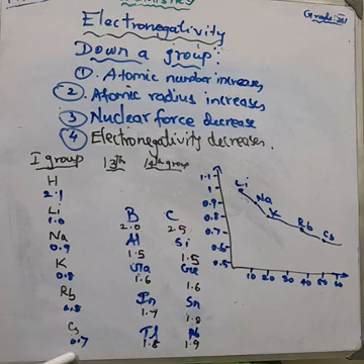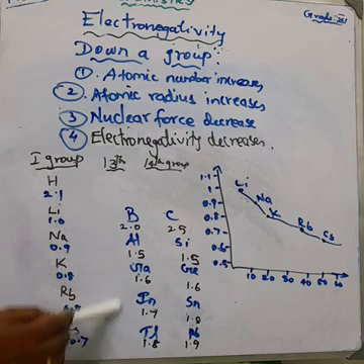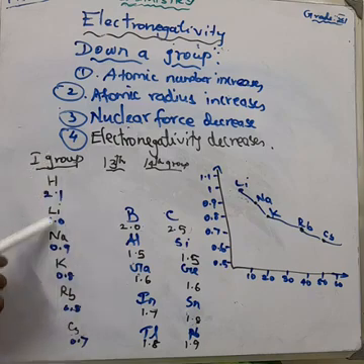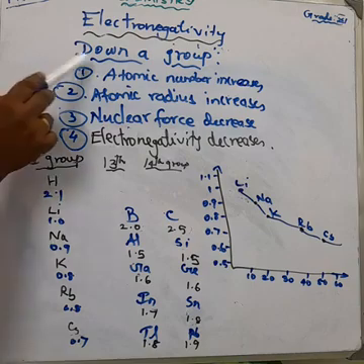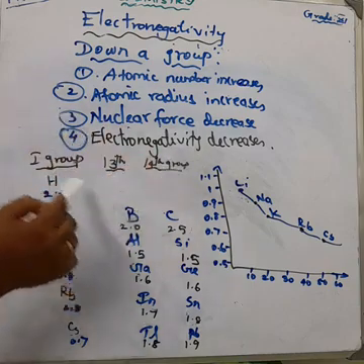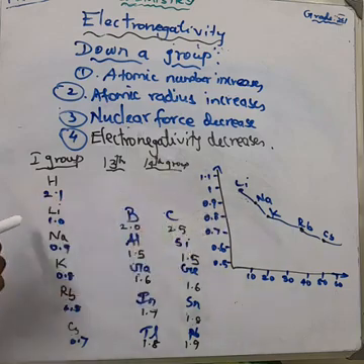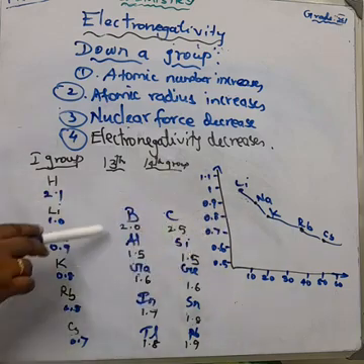This is the decreasing order of electronegativity values. So from this we learn that when moving from left to right in a period, electronegativity values increase. When moving down a group, electronegativity values gradually decrease.